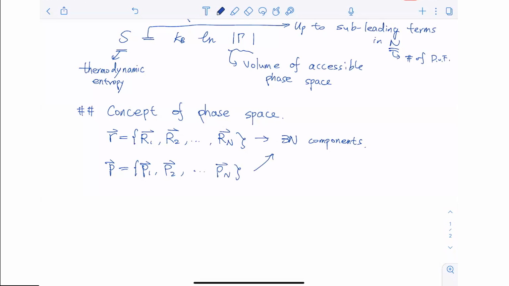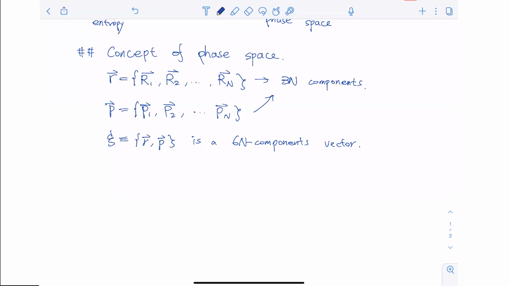And also, it is a 3N component vector. To specify our system uniquely, we need to define this Ksi, which is an object composed of the position R and the momentum P of all the particles in our system, which is now a 6N component vector.